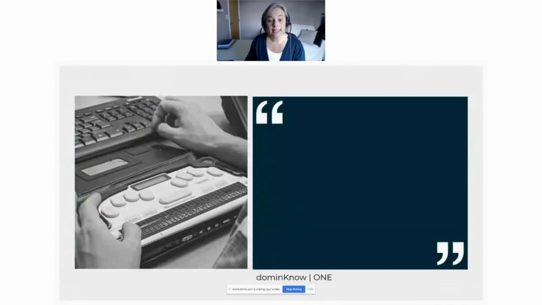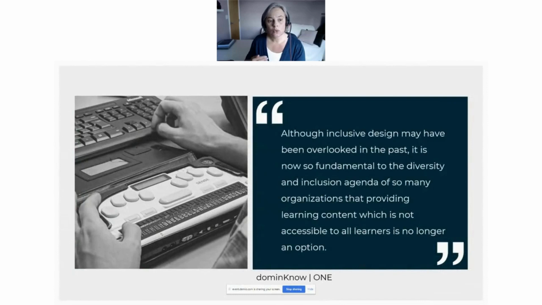And the second is from an authoring tool provider, and they say that although inclusive design may have been overlooked in the past, it is now so fundamental to the diversity and inclusion agenda of so many organizations that providing learning content which is not accessible to all learners is simply no longer an option.